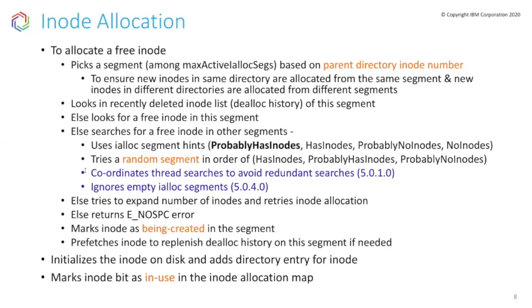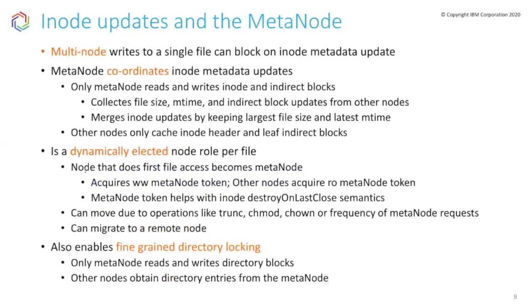I'll move on because I bet I'm running out of time. The next thing is, once you're allocated, you want to update the inode. The problem with inode update is every time you change the size of a file or you modify some metadata related to a file, or even let's say you just modify a data block of a file, the mtime of the file would change.